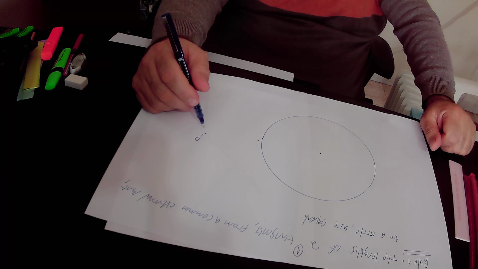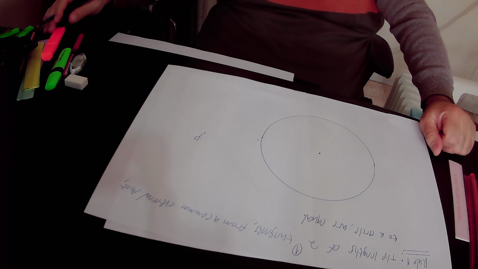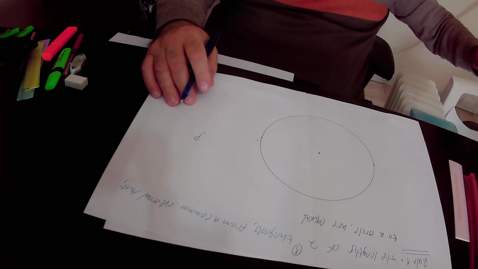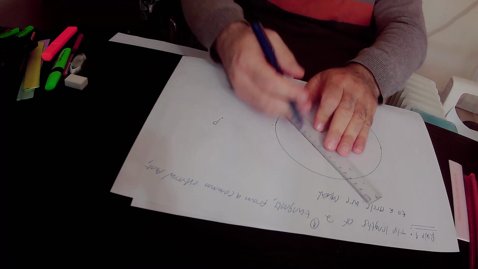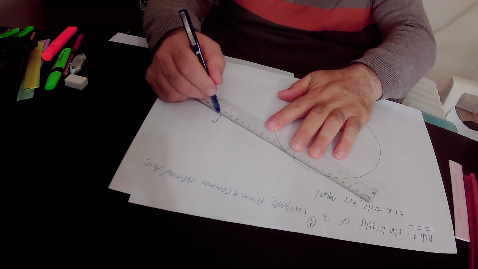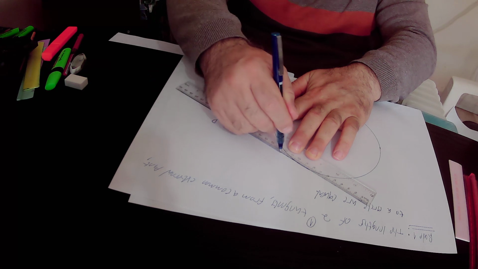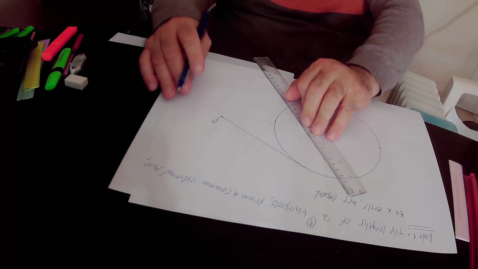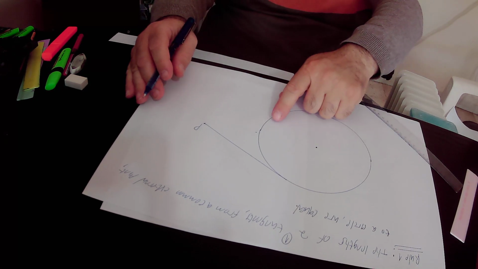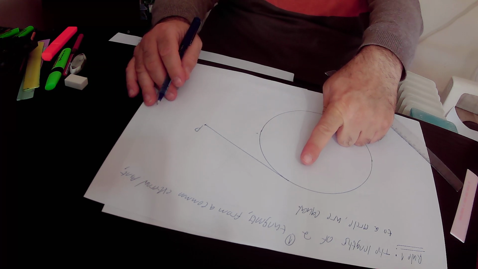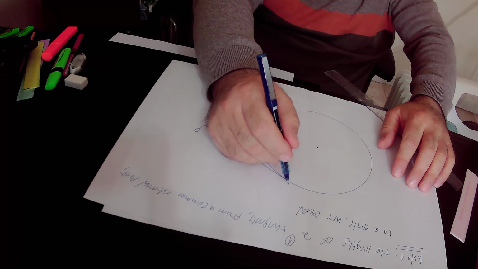So from the external point P, we will draw two tangents to this circle. Here the first tangent will be this tangent. The point of tangency of the first tangent with the circle will be defined as point A.